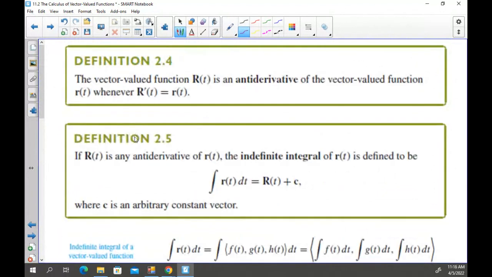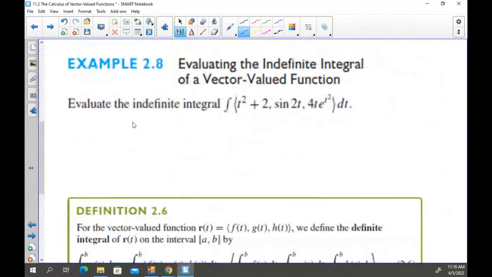Okay, finally, I'll just complete this. You can find an integral of a vector valued function by integrating each one of these components. So it's the vector, now, integral. We're integrating. Can you see the integral sign?